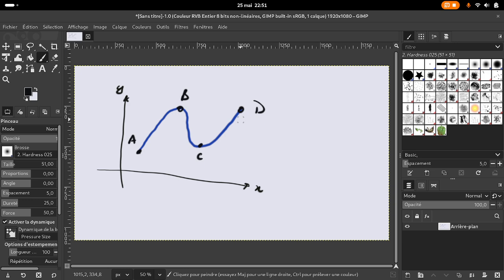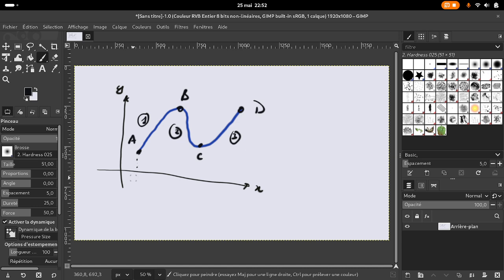Alors, from A to B, in this part 1, the graph is rising. In 2, it's falling, it's rising from A to B, and now it's falling from B to C, and it is rising again from C to D.